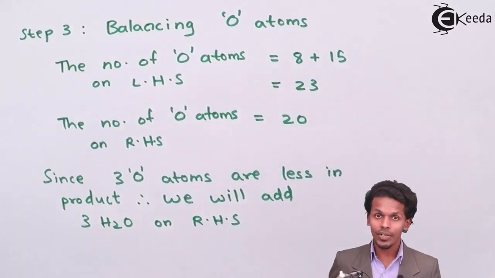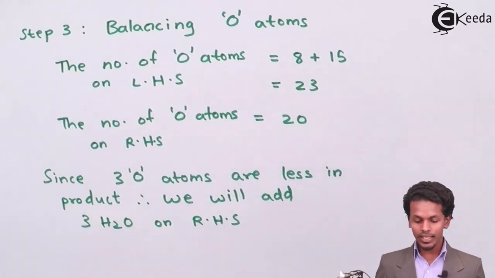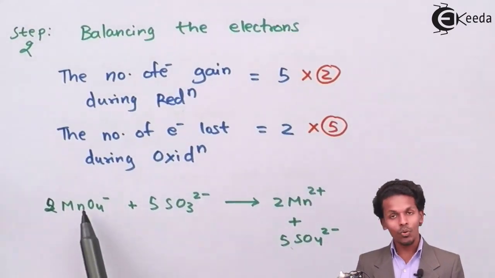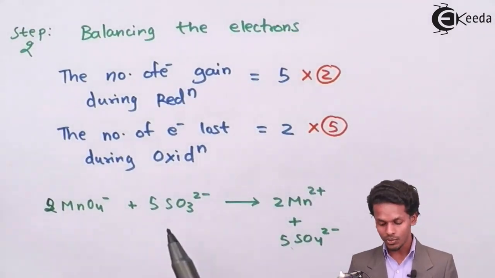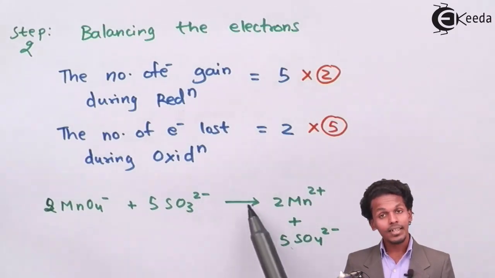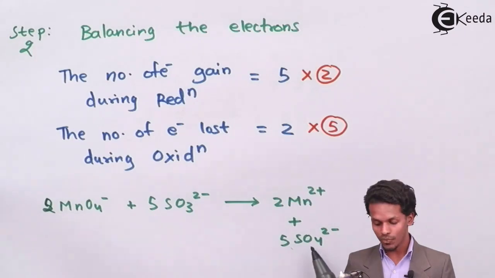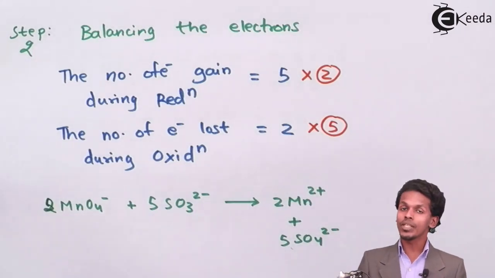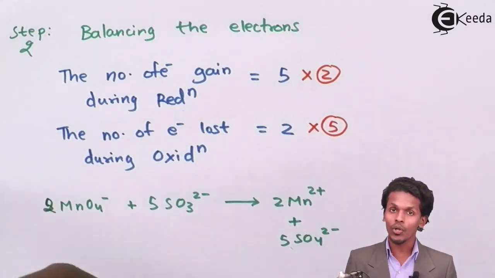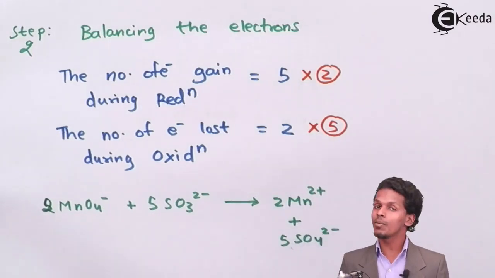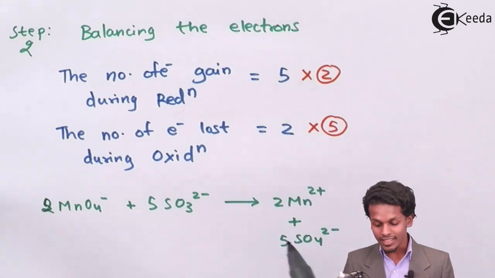So the answer that we could get is, initially let me tell you, the second step reaction was 2 times MnO4 minus plus 5 times SO3 2 minus, that gives us 2 times Mn2 plus 5 times SO4 2 minus. So what we are now going to do is add the water molecule which is deficient on the product side. So we are going to add 3 moles of water in this reaction.